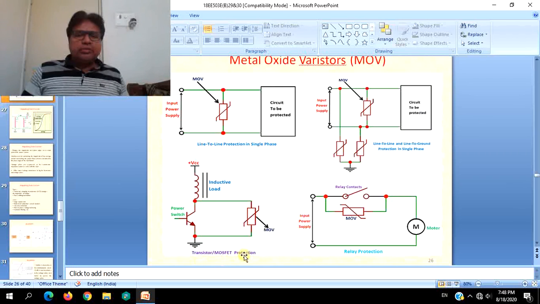In this is shown the protection by MOVs for any switching device, maybe a transistor, MOSFET, or any other thyristor. This will be simply connected in parallel with that. Whenever voltage spikes or harmonics or transients occur, this will be providing a diverting path in either direction again. Thus it will protect.